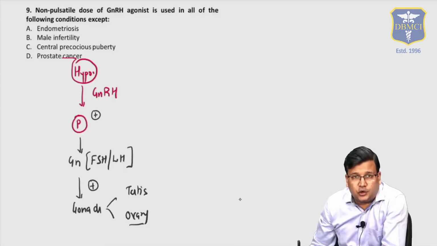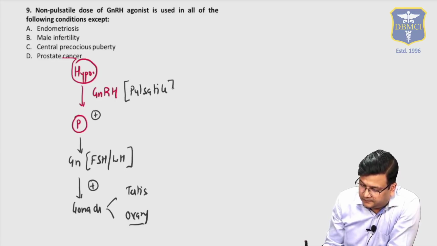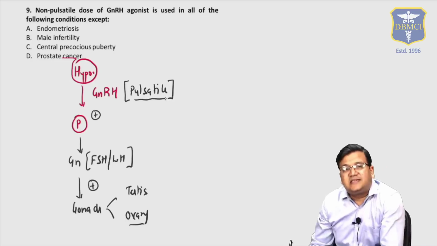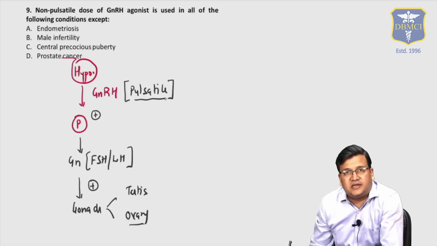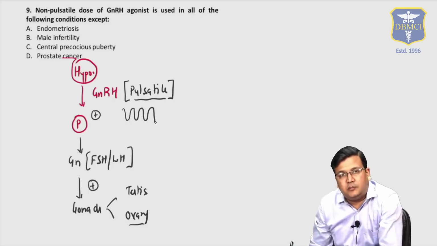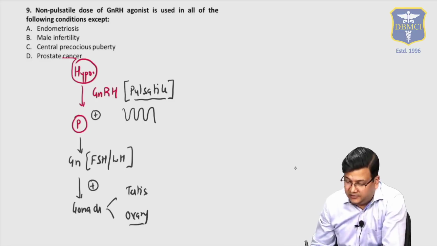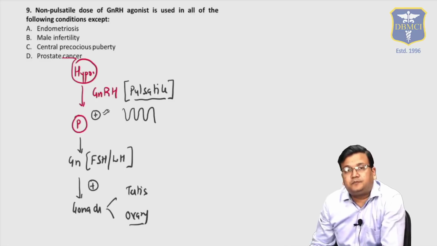Now physiological secretion from the hypothalamus is pulsatile, or what we call circadian rhythm, diurnal variation. Their secretion is high in the early morning and decreases throughout the day, then again increases. If they are secreted in this pulsatile manner, they stimulate the pituitary.